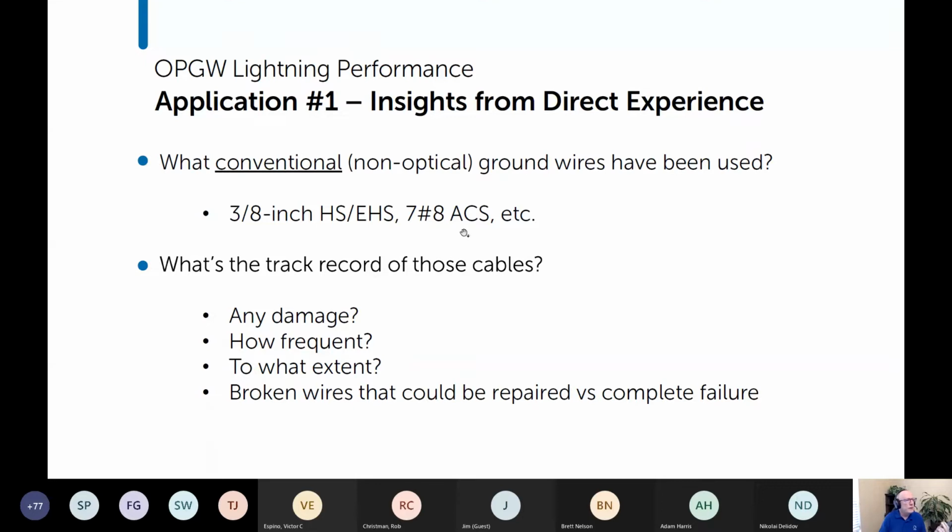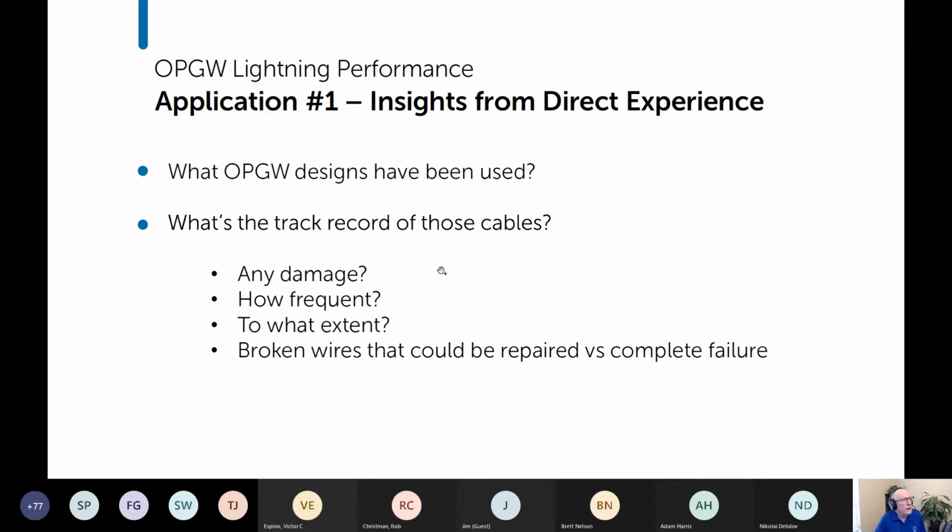So what was the experience there? Did y'all have a lot of lightning damage? If so, how frequent was it? How bad was it? Was it causing cables to outright fail, or was it strand damage that could be repaired? It's a background to start from.